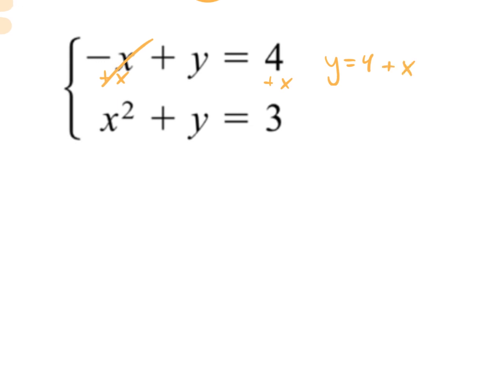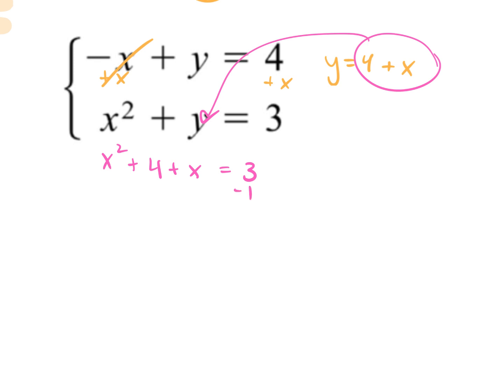What would we do next? Plug that into the y in the other equation. So x squared plus 4 plus x is equal to 3. What do we do next? Subtract 3. I'm going to subtract the 3 because we see that we have an x squared and an x.